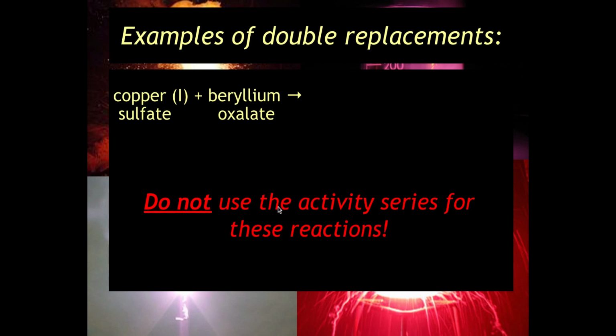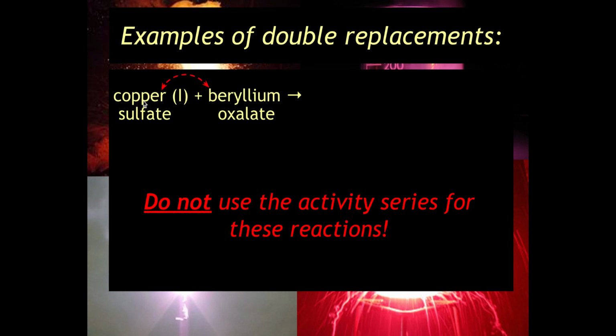You don't have to use the activity series for these reactions. You just use the activity series for those single replacement reactions that we discussed in a previous video. But when you're doing double replacement reactions, you still need to know what's the metal and what's the non-metal, because remember, like replaces like.